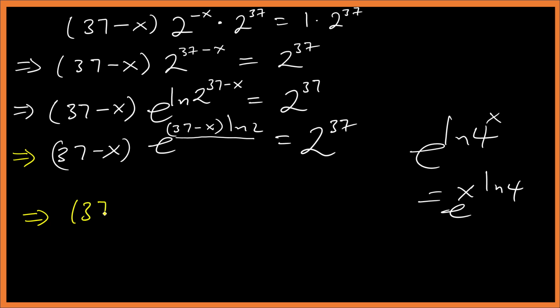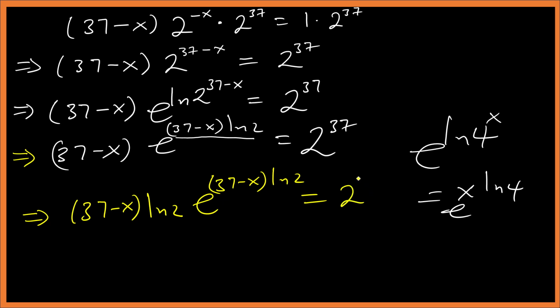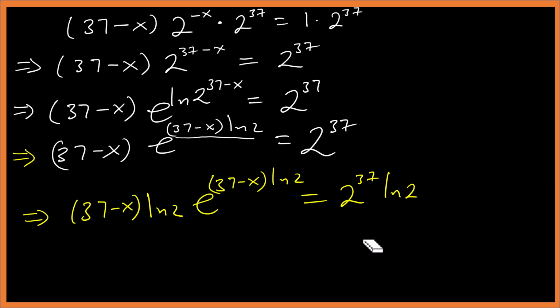So 37 minus x times ln of 2. So we have e raised to 37 minus x ln of 2 times 2 to the power 37 ln of 2. Okay. So with this, we can go ahead and take the Lambert W function here.